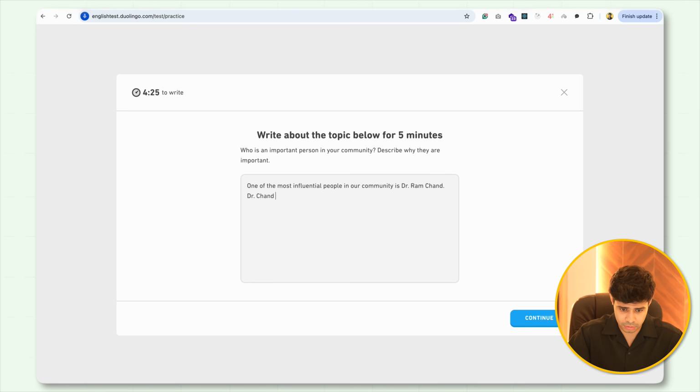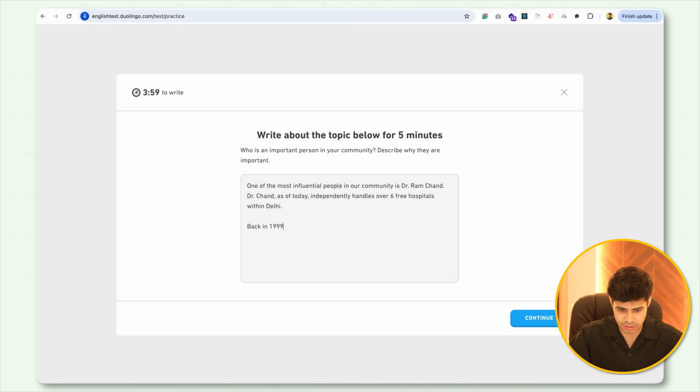Dr. Chand, as of today, independently handles over six, how do you call it, free hospitals within Delhi.